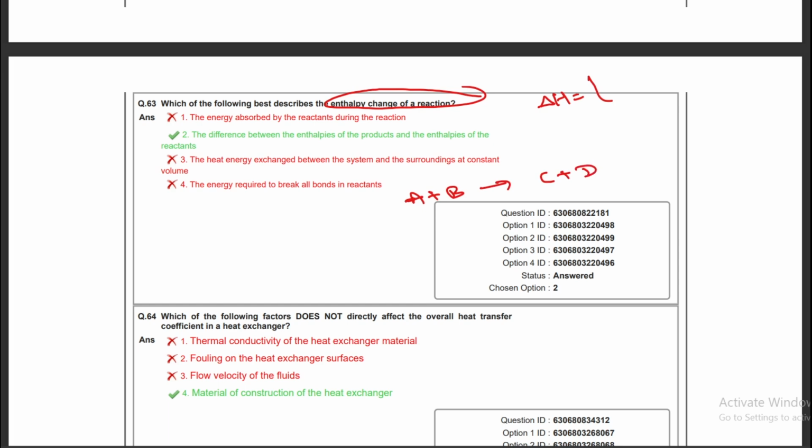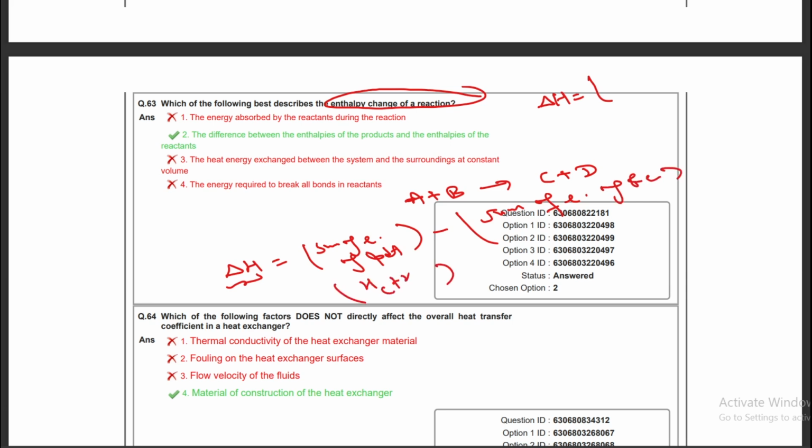If you want to calculate the enthalpy change of this reaction, you have to take the sum of enthalpies of products minus the sum of enthalpies of reactants. So you will take enthalpy of C plus enthalpy of D, that are your products, minus the sum of enthalpy of reactants.